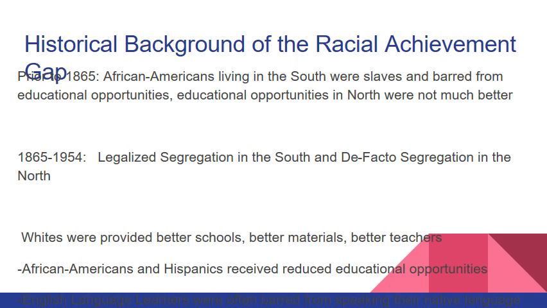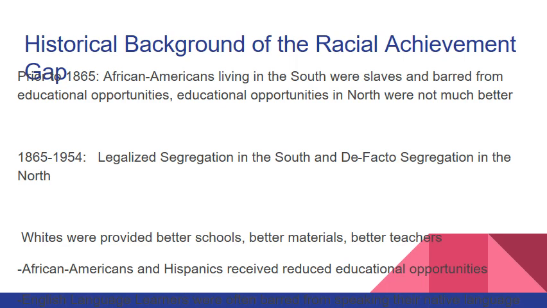The segregation separated people based on their race, and it ended up providing reduced services and reduced educational opportunities for African Americans and Hispanics, while whites received better schools, better materials, and more experienced teachers.